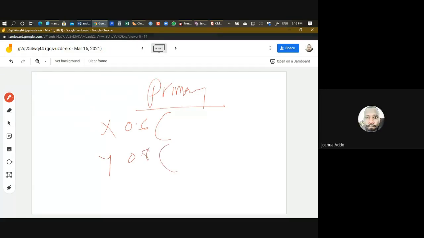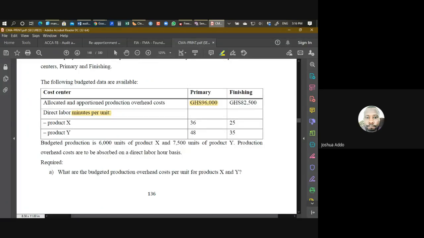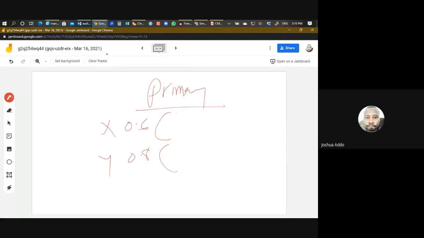Times the number of units that will be produced. Budgeted production is 6,000 units of X and 7,500 for Y. So this is 6,000, this is 7,500. This will generate the total hours that are accumulated under primary department.